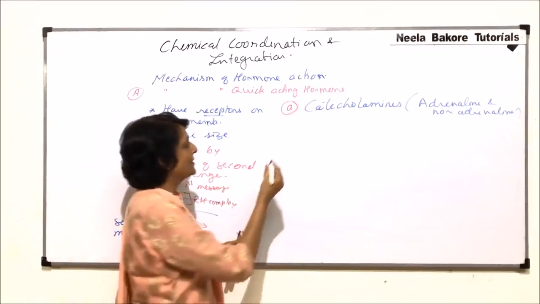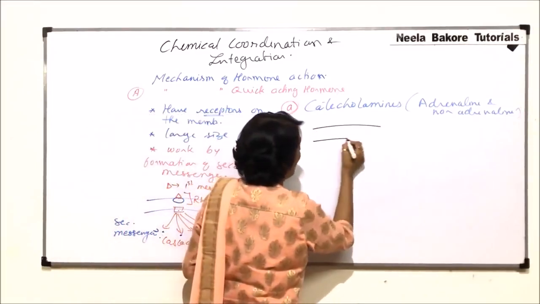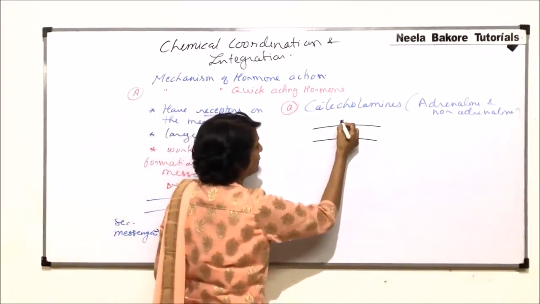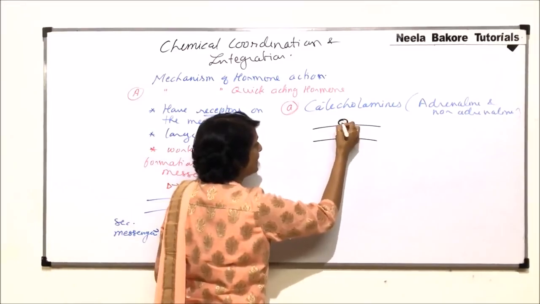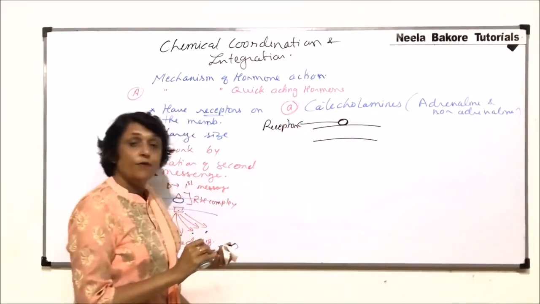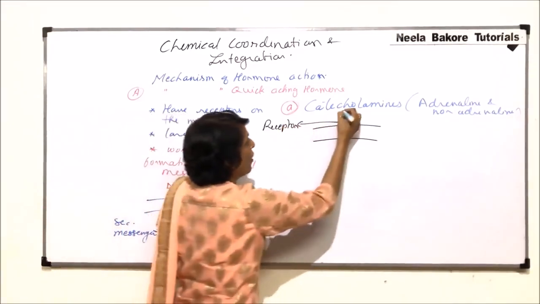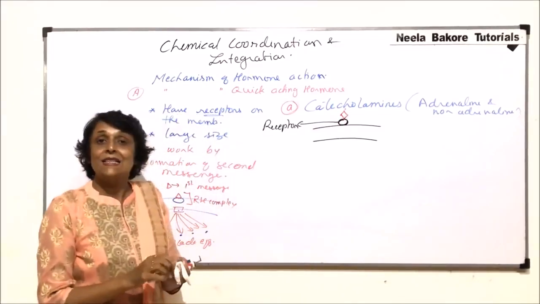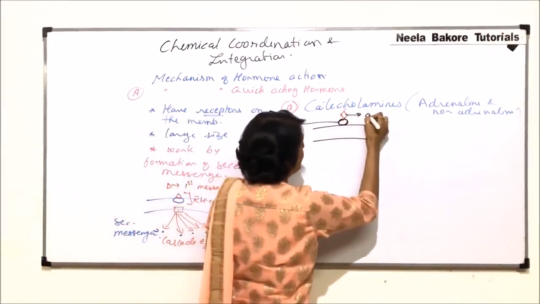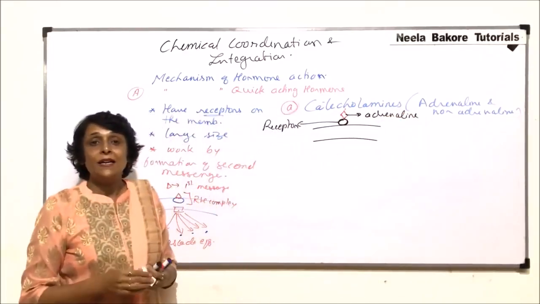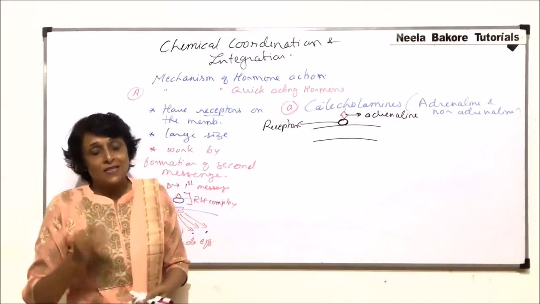If this is the plasma membrane, this is the receptor of adrenaline, and the hormone which is coming is going to bind with this receptor. This hormone is adrenaline, which comes and binds to this receptor on the surface.